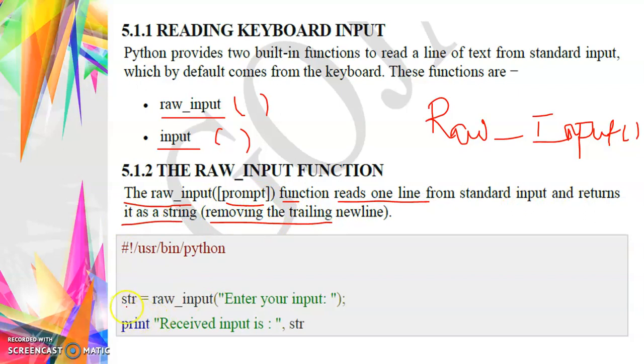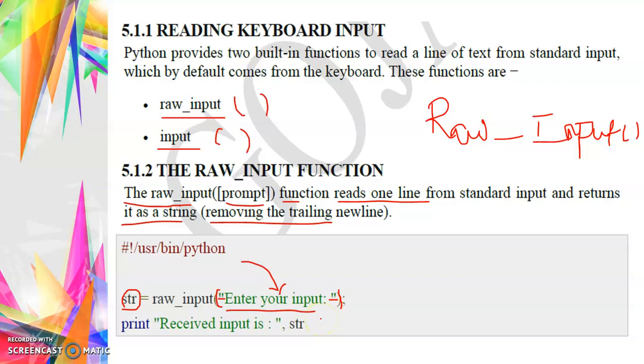For example, str is one of the variables in this program: str = raw_input("Enter your input"). I assign the value of the str variable using the raw_input function. Inside the function's parentheses I pass a string statement within double quotes: "Enter your input".